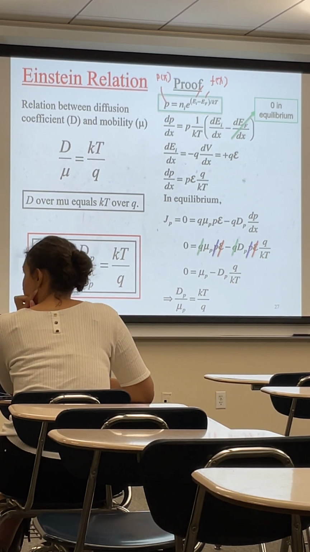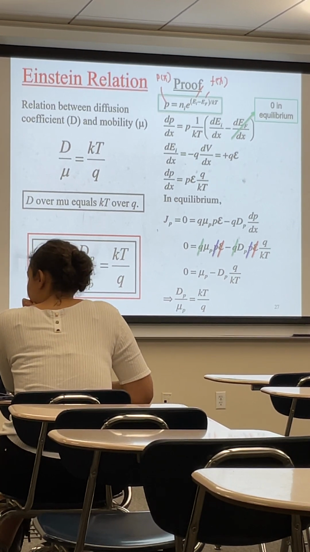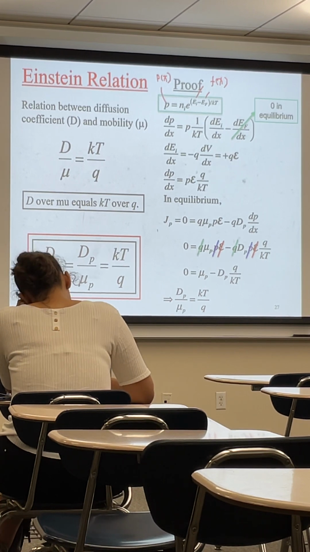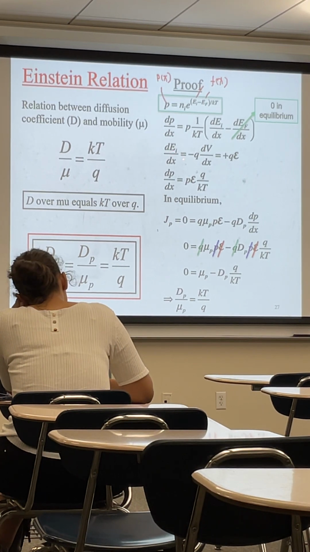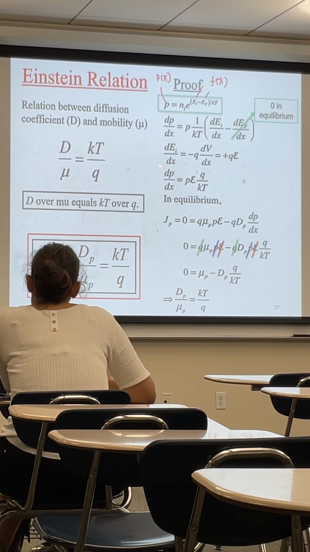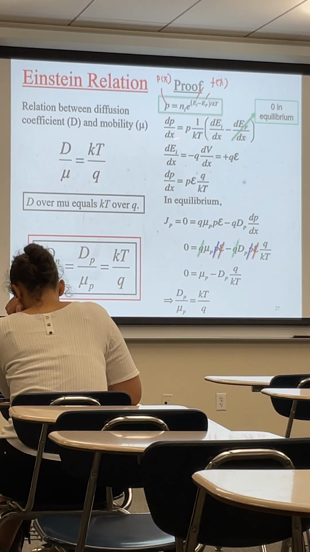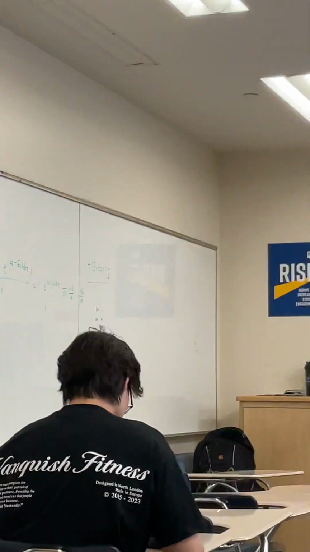And we know this is in equilibrium, so in equilibrium the Fermi level does not change with position. Now we can get an expression for dE_i over dx. It is related to V, the electrostatic potential, as we have discussed before. So this is what we have shown you.